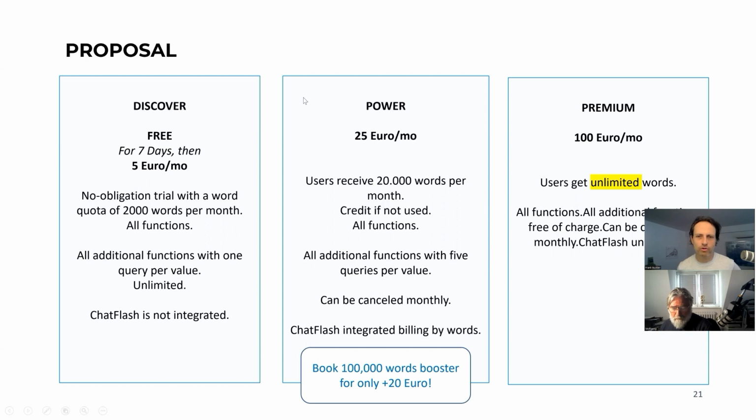Have a power version with an entry price of 25, which matches the ChatGPT price, and then have the option to buy word credits, and a premium one, which is about 100 euro or US dollar, where everything is unlimited. So that's basically the whole process in a nutshell, using Supra.Tools to guide the process.